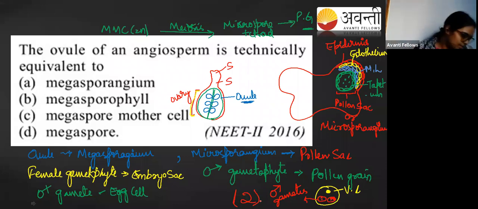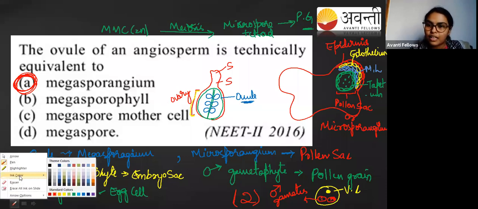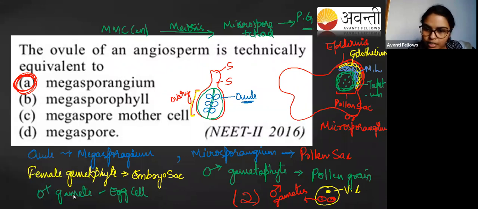Yes, right. So I think now the answer for this question is A, that is megasporangium. Whereas megasporophyll or microsporophyll is used where? Where do you use fill? Sporophyll, you use this in the gymnosperms and also in pteridophytes.